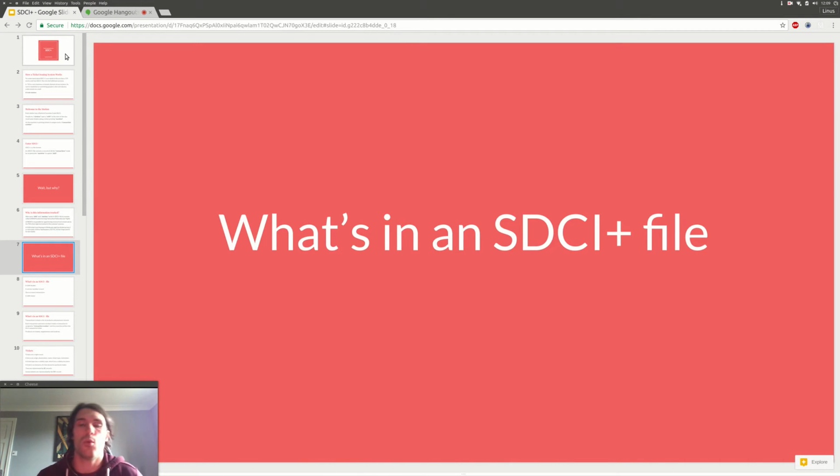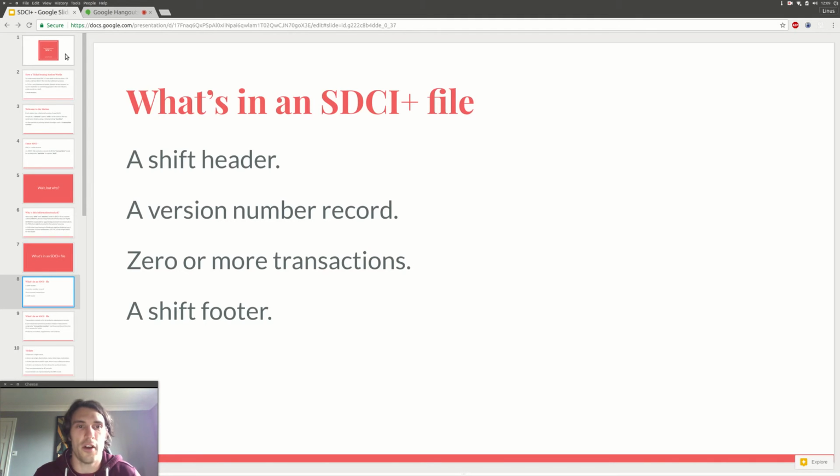Okay, so what's actually in an SDCI Plus file? Structurally they're pretty simple. There are actually a large number of record types, but to be honest, most of them aren't used, and I'm just going to cover the core scenarios. In our case, we have a shift header, which has the totals stored for tickets sold, and things like that, over the lifetime of the machine.